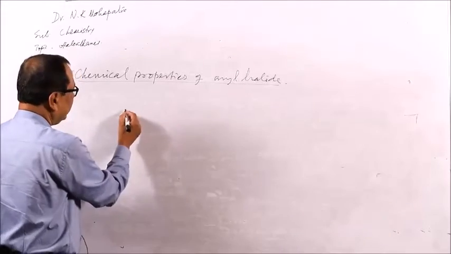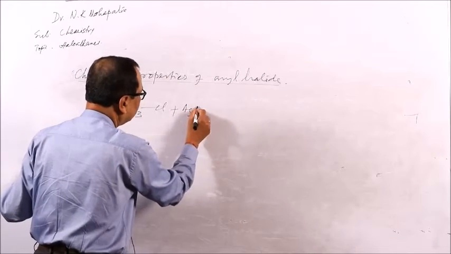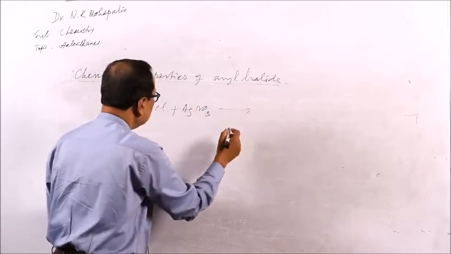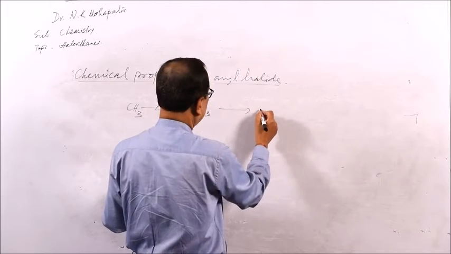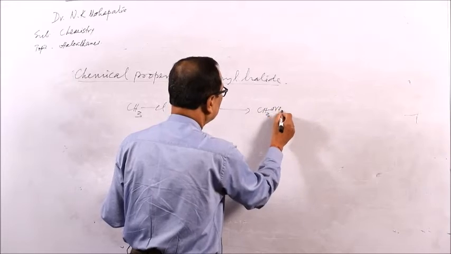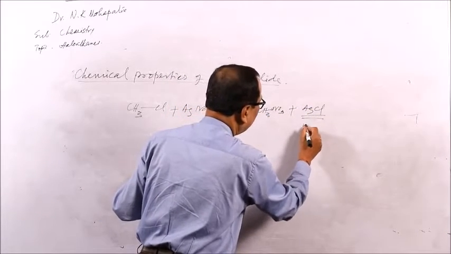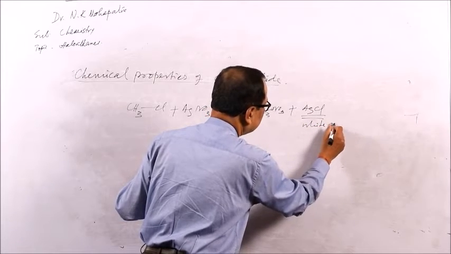That is, CH3Cl plus silver nitrate gives a white precipitate of AgCl.